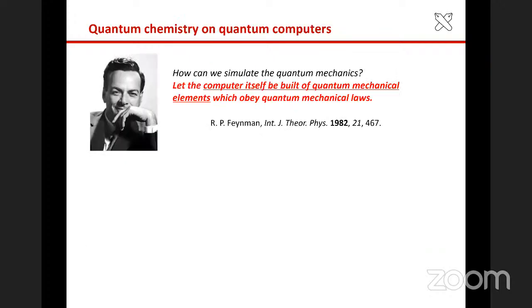But if we can use a quantum computer, we can solve this kind of problem much more efficiently because in quantum chemical calculation we treat the motion of electrons in the molecule, and electrons are quantum mechanical particles. So such quantum dynamics of quantum mechanical particles can be simulated very efficiently by using a computer itself built of quantum mechanical elements, which means a quantum computer.